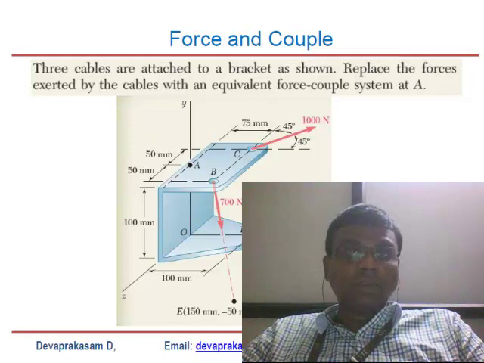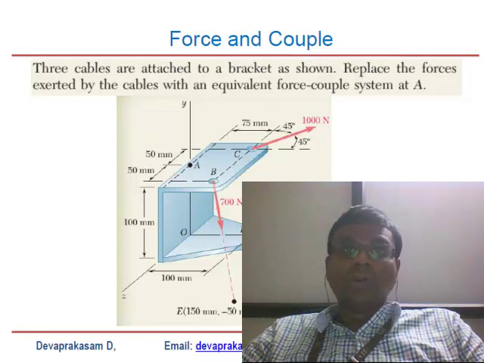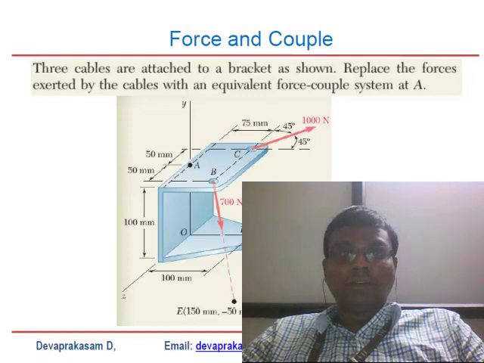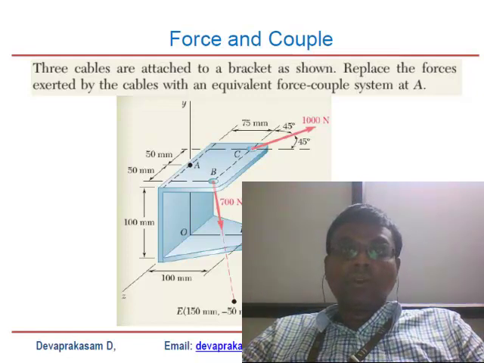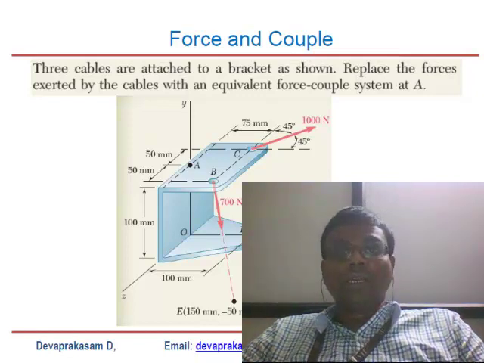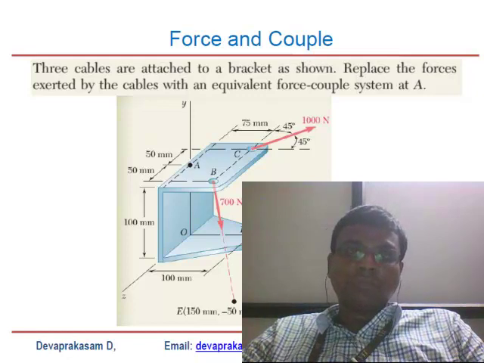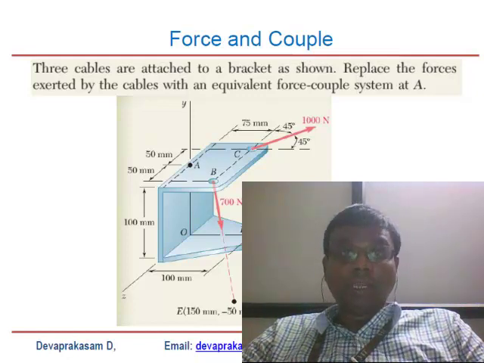What we are going to solve is to replace the force exerted by the cables with an equivalent force and couple system at A. What equilibrium condition at A could satisfy the equilibrium equations? Both the sum of the forces and the moment have to be 0 to maintain equilibrium. So we look into that.